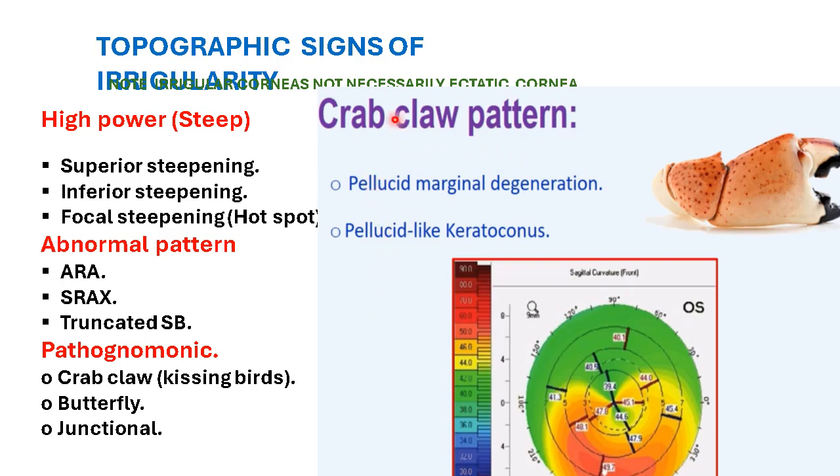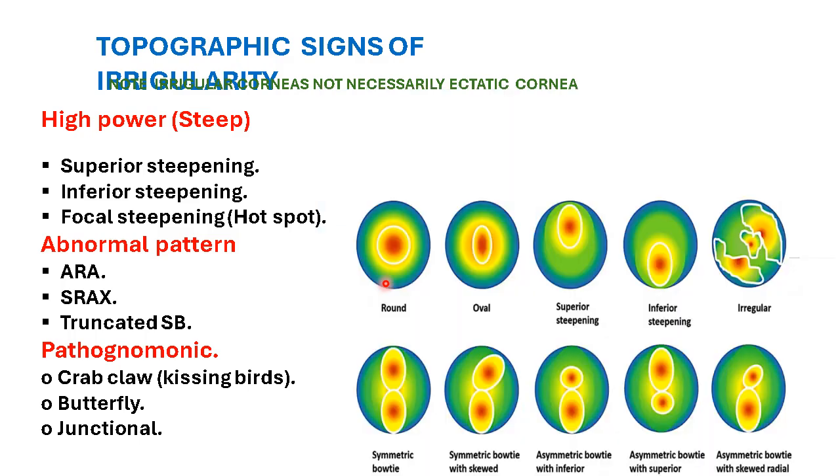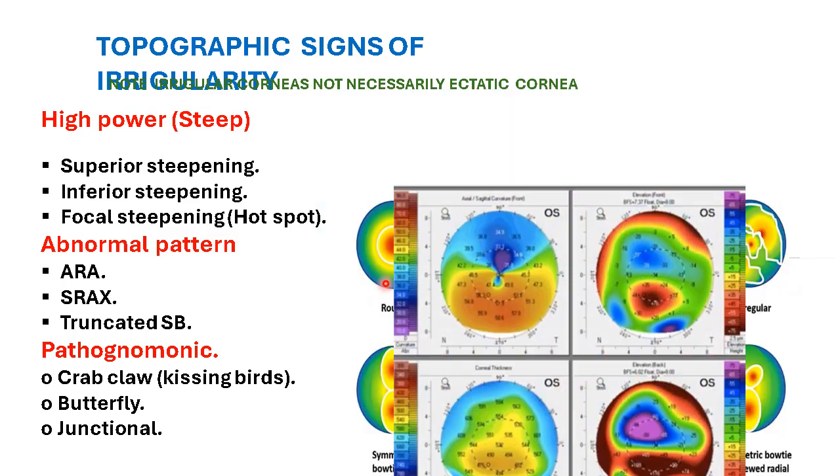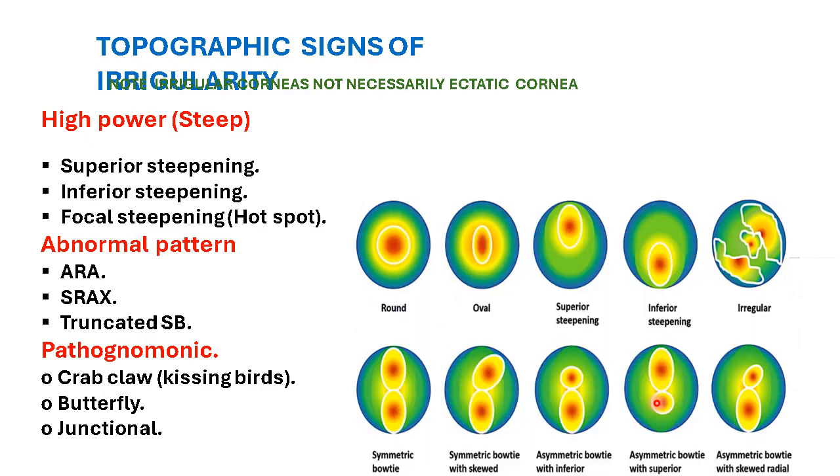How we differentiate between pellucid marginal degeneration and pellucid-like keratoconus is by looking at the Biomechanics map. In the Biomechanics map, pellucid marginal degeneration characteristically has what's known as the pill sign. This is the shape of the pill, and this is the opening of the pill. This is the typical pill sign. This is suggestive of pellucid marginal degeneration.